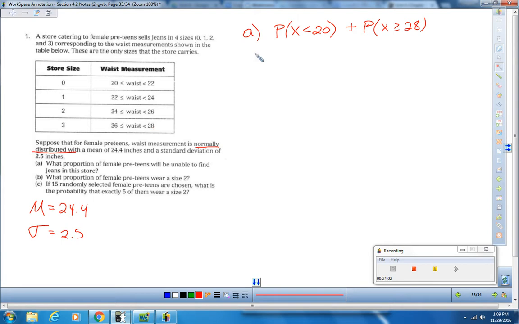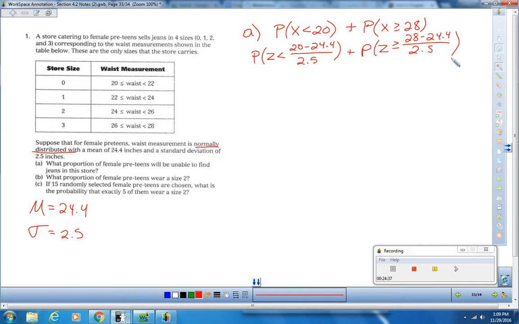So I'm going to change these to z-scores. So this is the probability that z is less than 20 minus 24.4 over 2.5 plus the probability that z is greater than or equal to 28 minus 24.4 over 2.5. Okay? So these z-scores are going to have to be calculated.